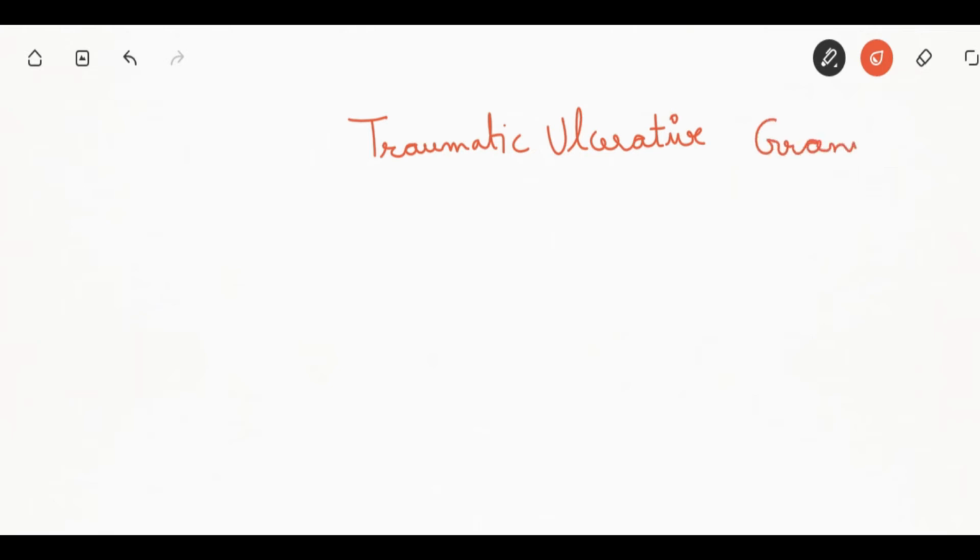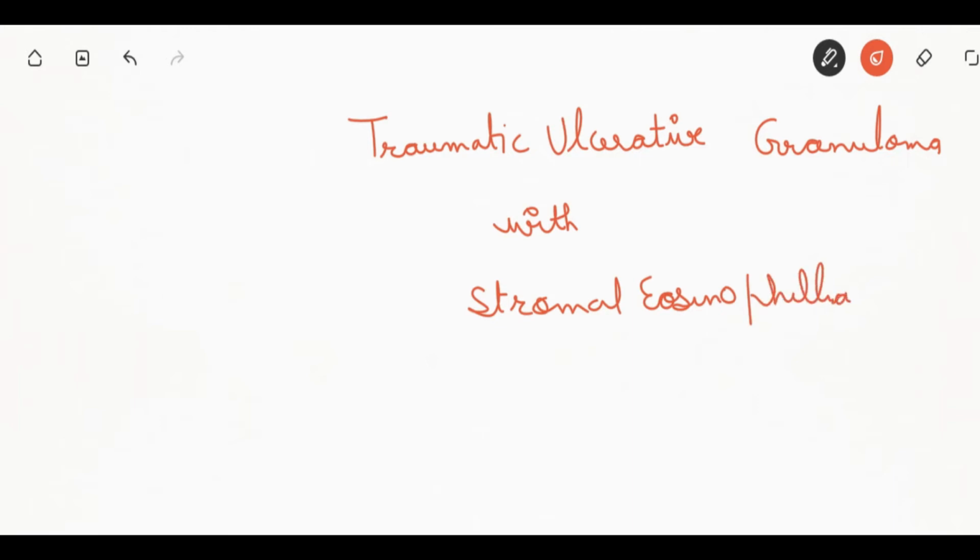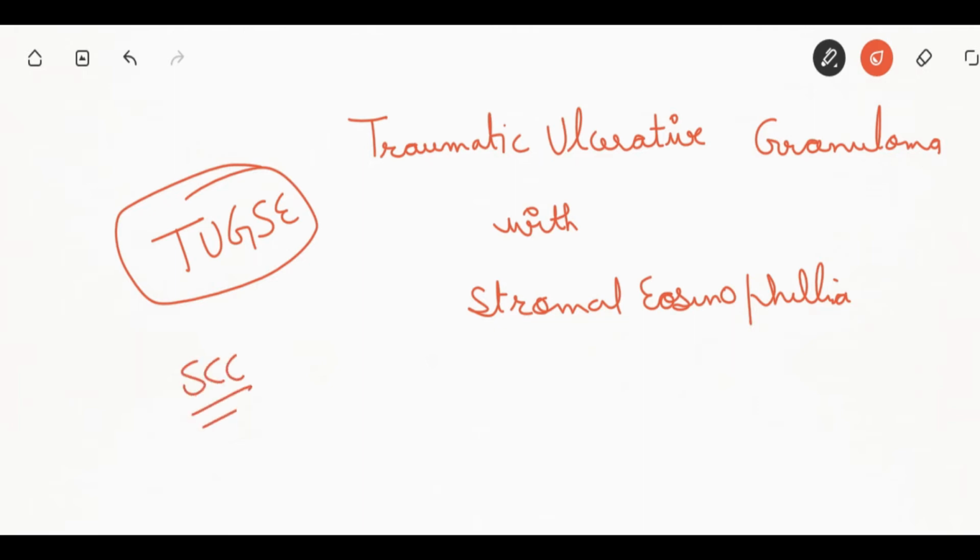It is abbreviated as TUGSE, which distinguishes eosinophilic ulceration from more aggressive lesions. It is a reactive, benign, asymptomatic, self-limiting lesion of the oral mucosa. It may at times resemble a squamous cell carcinoma and is associated with trauma.